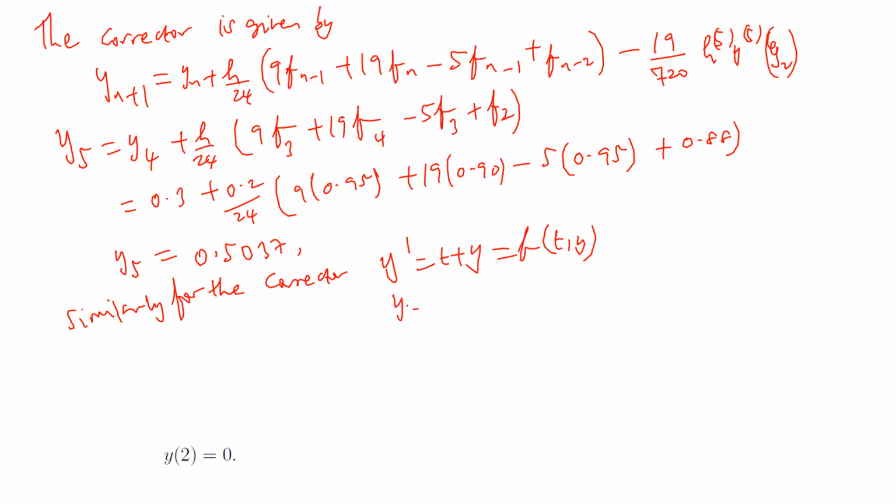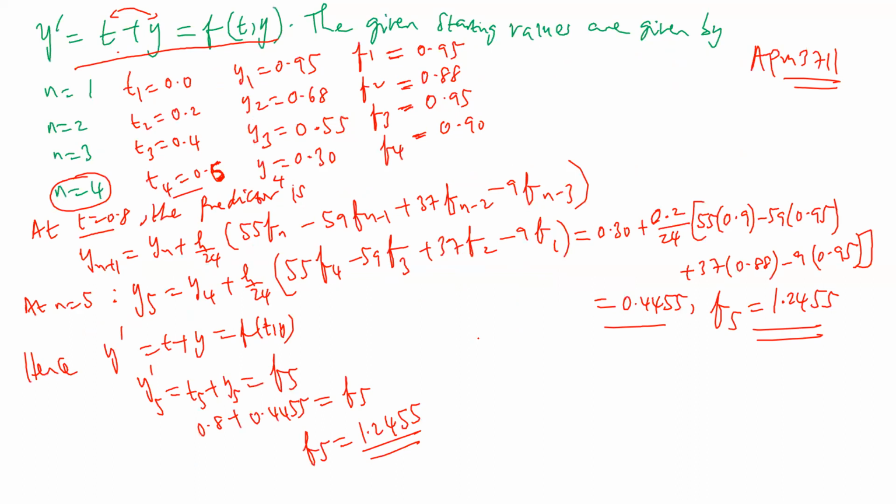So which means that we can put 5 here: t5, y5 equals f5. So what is t5? 0.8. Because here we went up to T4, which was 0.6. So T5 is 0.8, the next one after 0.6.